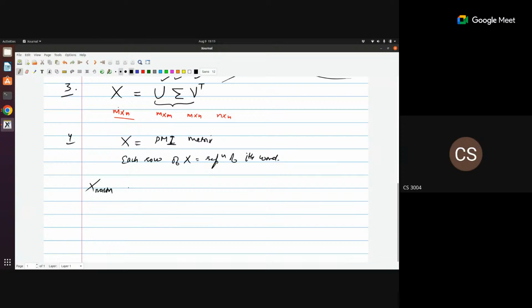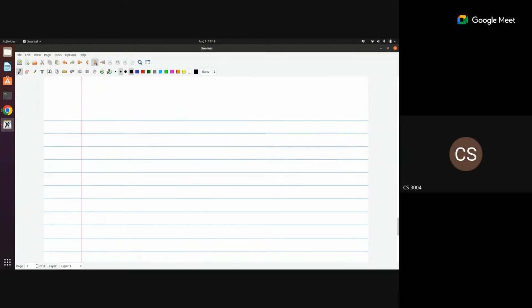So let's say X is this. Let me call the entries X1, X2, X3. Let's say this is your X vector. And let's say the second row is Y1, Y2, Y3. I'm just giving them some names so that we can understand what we will get after computing X X transpose.